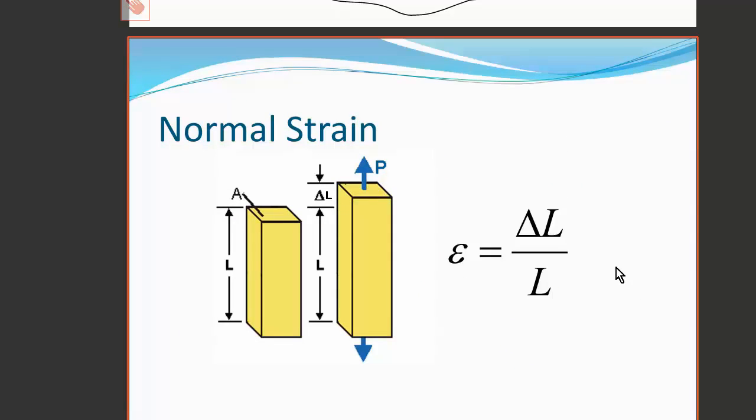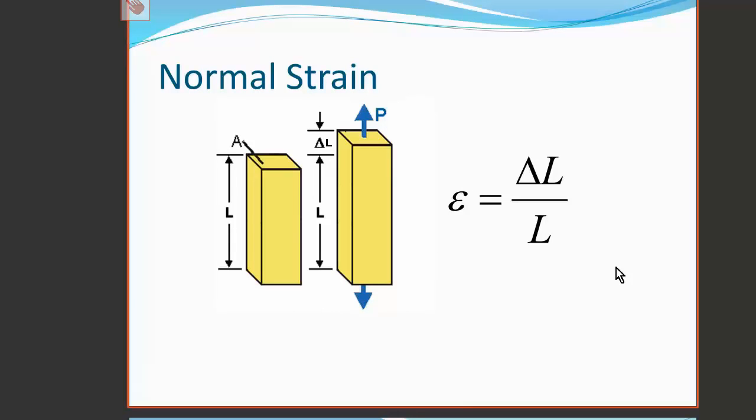Now let's look at the concept of strain. We understand now that stress is force divided by area. But what is strain? Strain is a measure of the amount of deformation that occurs in a material due to the application of stress.